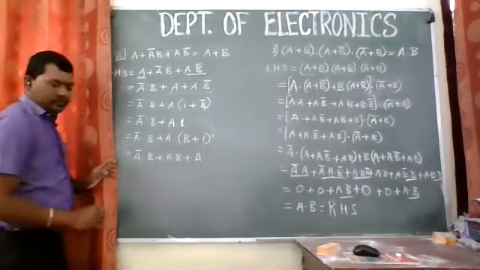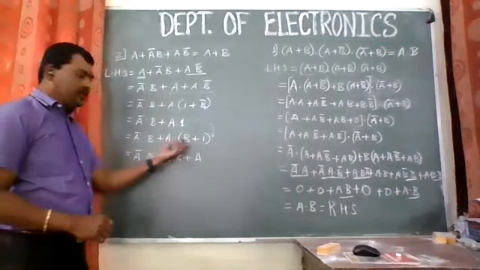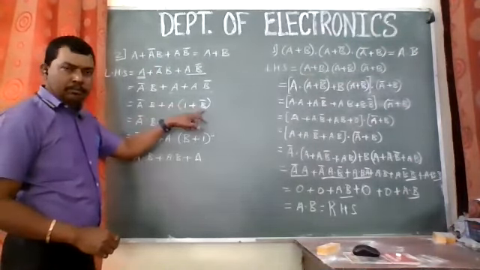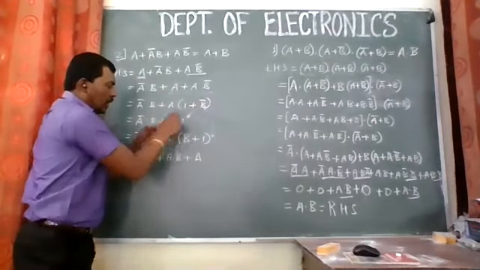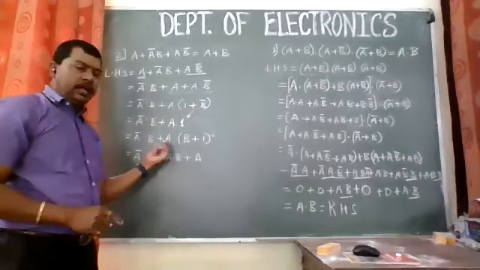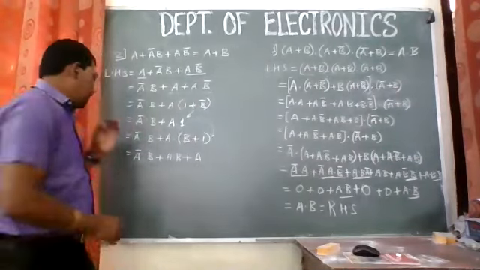Have you got how I've done this? Initially it was 1 plus b bar, so it can be written as 1 only. Now I am writing this 1 again as b plus 1. So we multiply a with the whole bracket, and we'll have a dot b plus a.